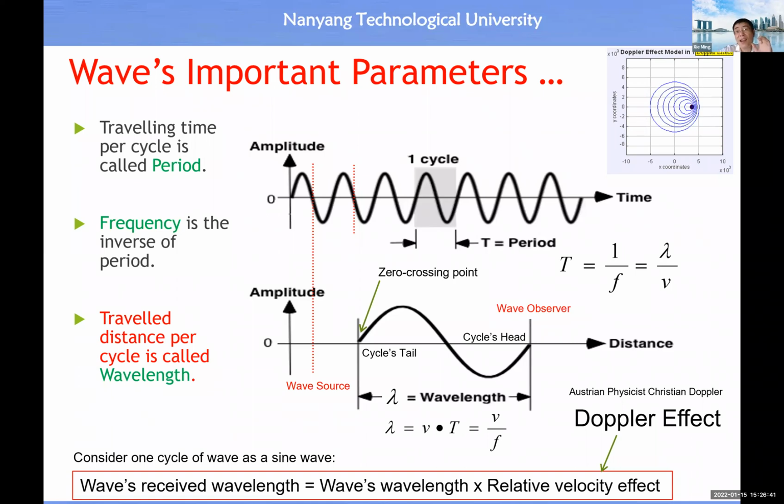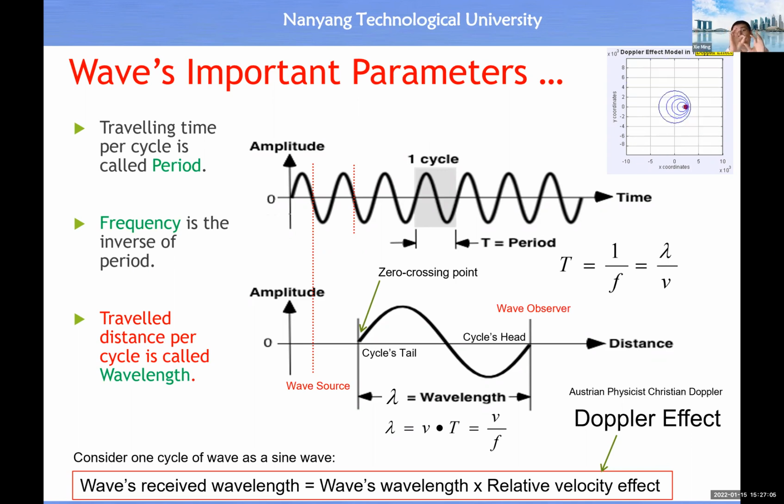All right, then what happens if there is a relative velocity? Because the amplitude values are sent out one by one sequentially, during this process the source is approaching the observer, the sensor. So the later values will travel a lesser distance.